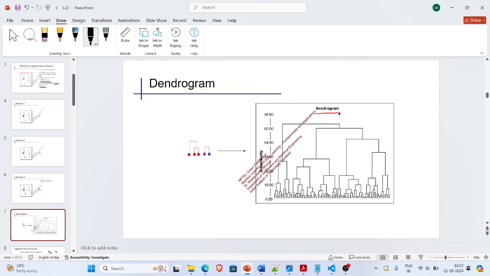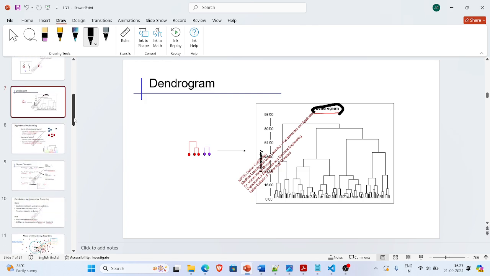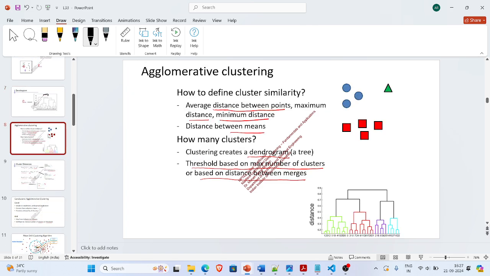The closest ones are more similar. Similarity is 0 means that dissimilarity is 0. As we move up, the dissimilarity increases. So that is the thought process in this algorithm.